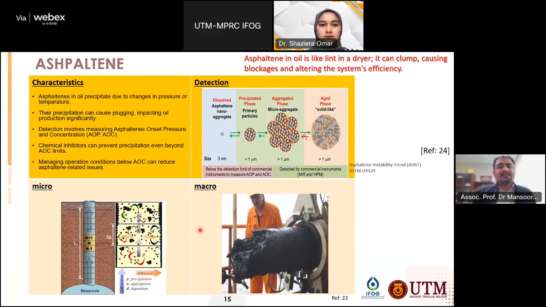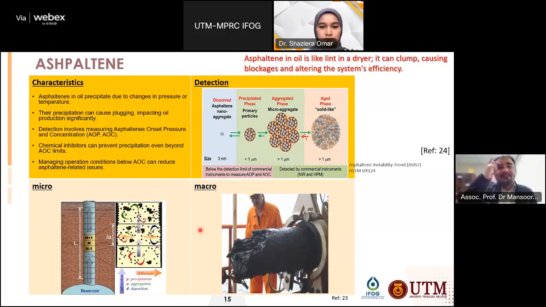This is a slide depicting asphaltenes. What are the characteristics of asphaltene? Asphaltene in oil precipitates due to changes in pressure or temperature. The precipitates can cause clogging, impacting oil production significantly.